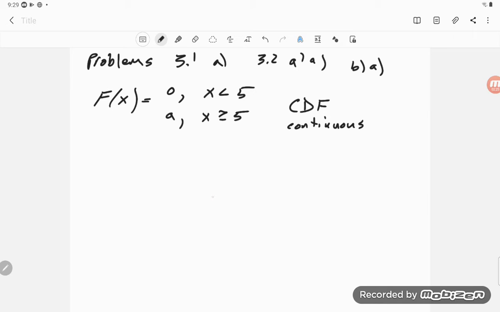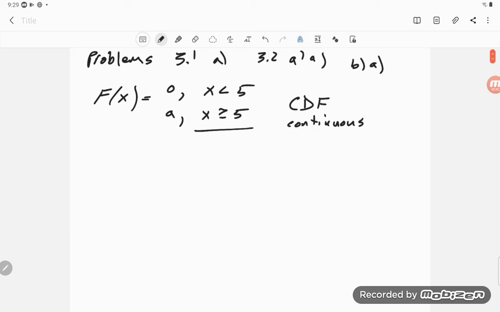And this will go to number 2 or part B as well. They're messed up here. Now the reason they're messed up is, okay, we want x to be greater than or equal to 5. Oh no, they're not messed up.